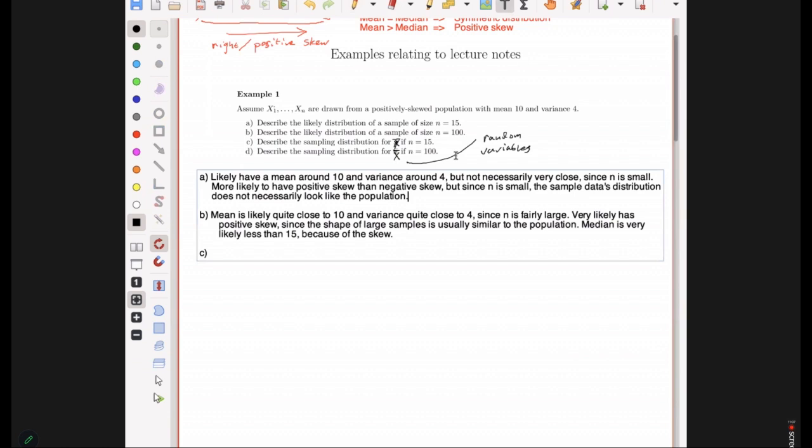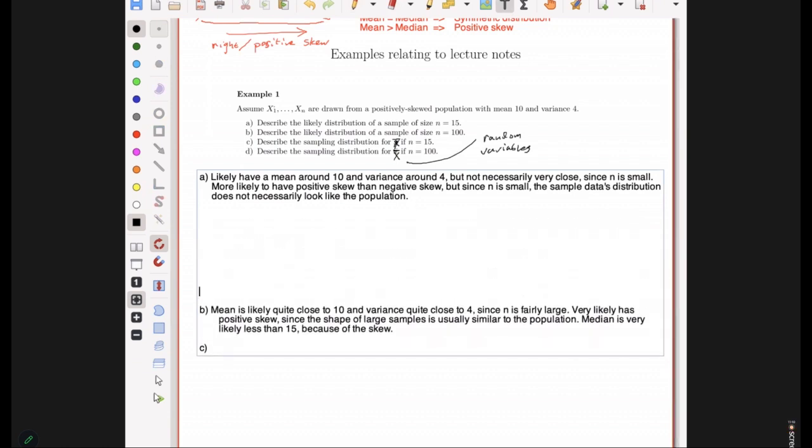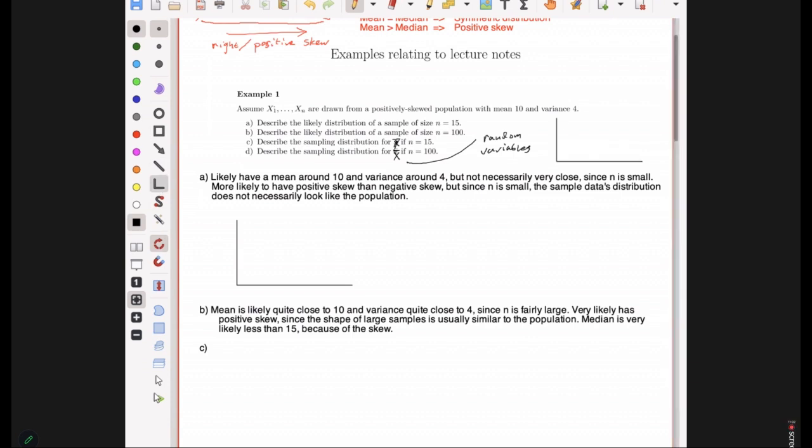Sure. So for A, I can't exactly draw what A is going to look like because there are a bunch of possibilities here. Let's say I draw here the population might look like this, and our mean is 10.